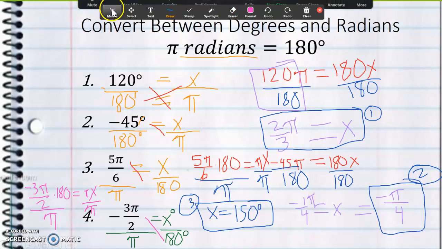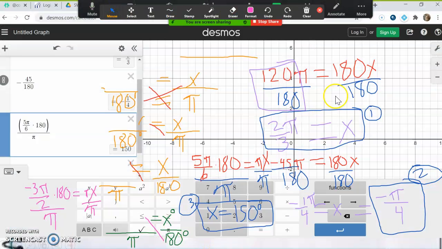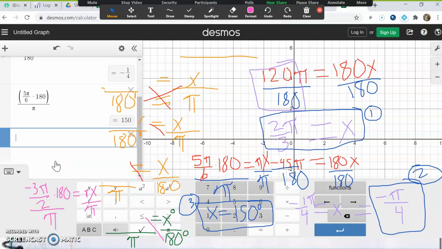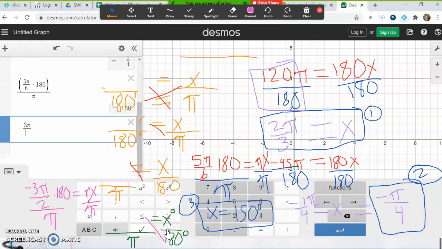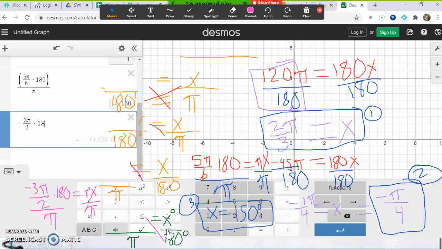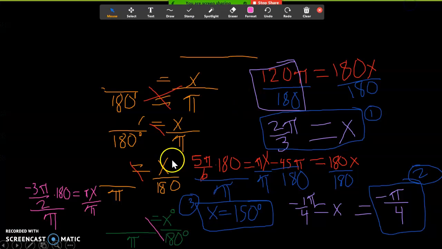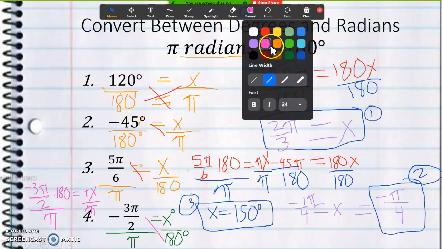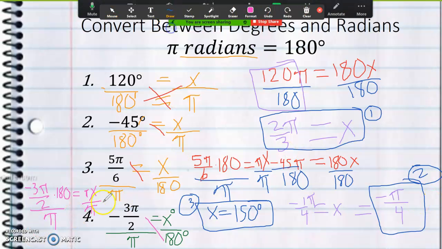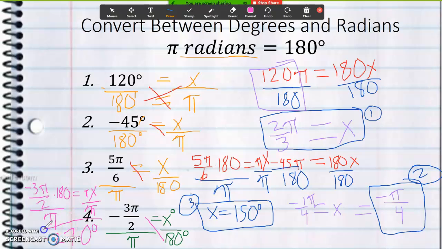And we're going to type that into my calculator, and let's see what we get. Negative 3 pi divided by 2 times 180 divided by pi, negative 270. So my last answer for number 4 is negative 270 degrees. Okay? Now you can go ahead and start on the practice.